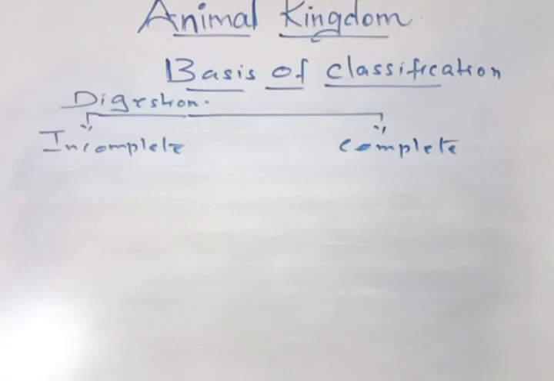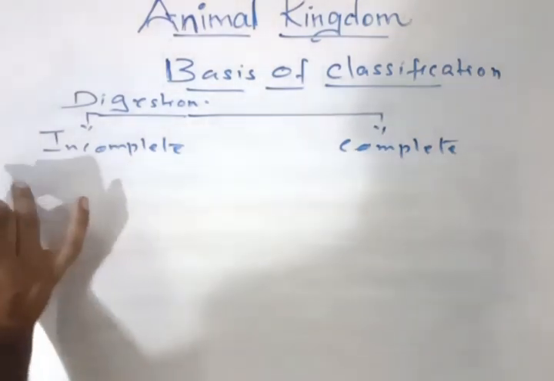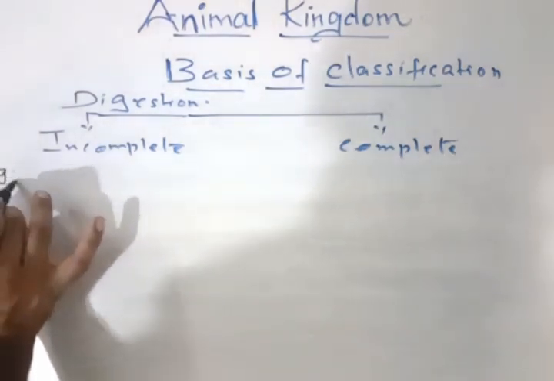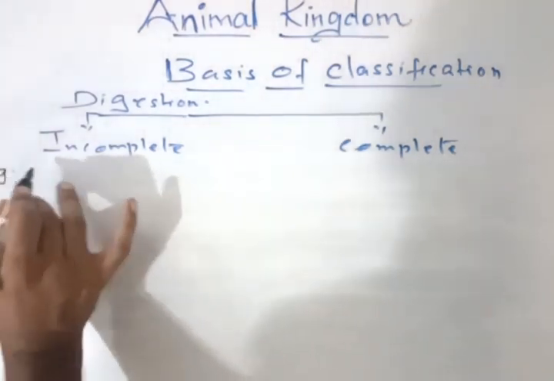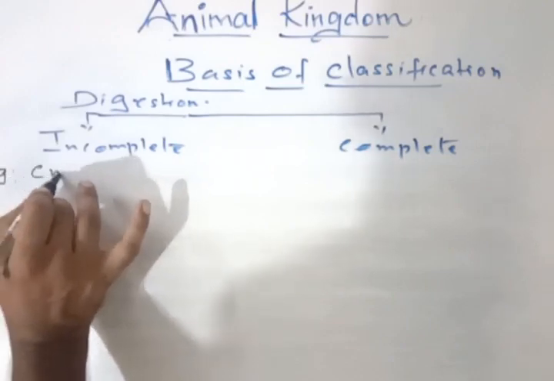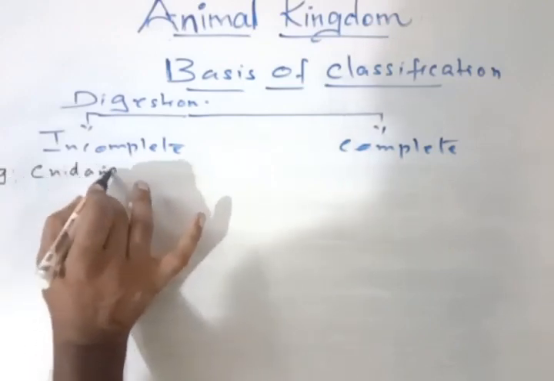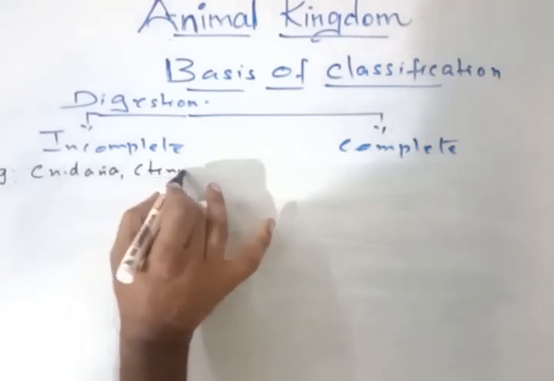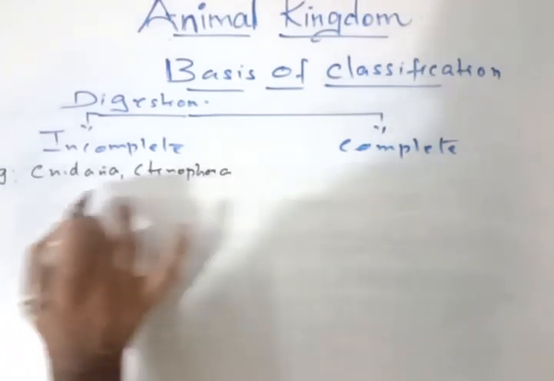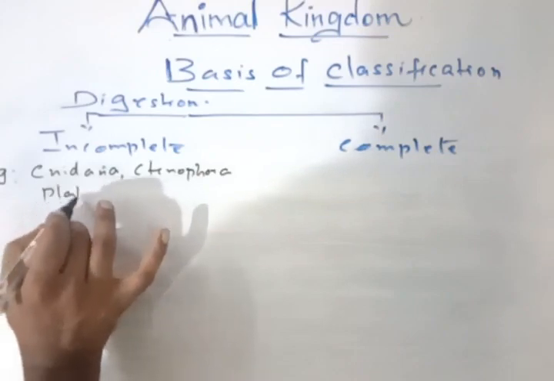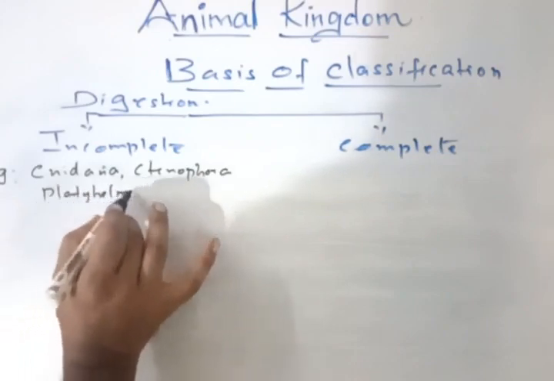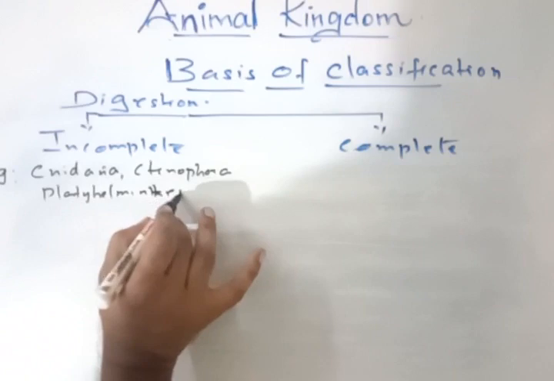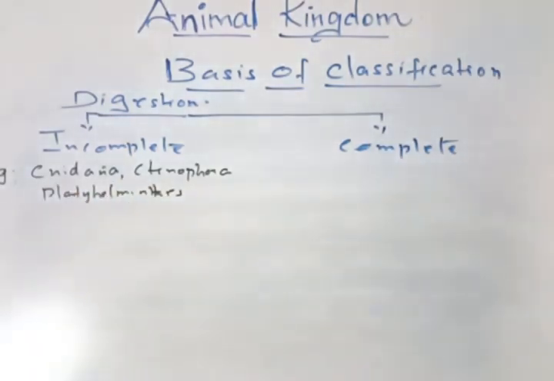We will also call it the body plan. Now, for incomplete digestion, the examples are from Cnidaria to Platyhelminthes. That means we will have Cnidaria, Ctenophora and Platyhelminthes. So these three come under incomplete digestion.